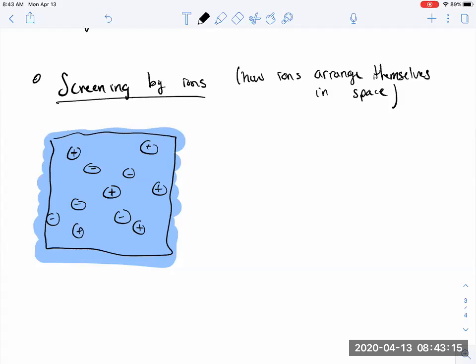If I was to look, say, at some tagged cation and look radially out from it, what you should expect, because like charges repel and unlike charges attract, is that in the vicinity of a tagged cation, there should be an environment which is enriched in anions, or more generally, the environment of an arbitrary ion is enriched in its counter ion.